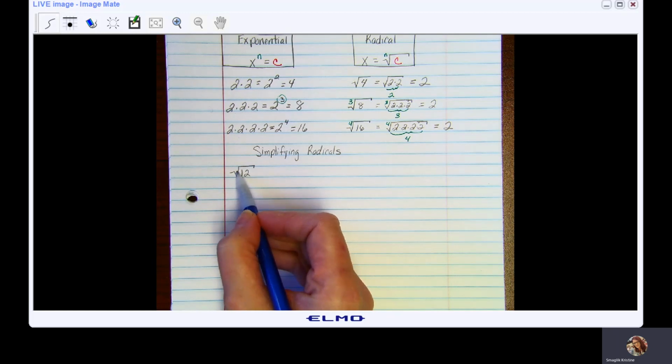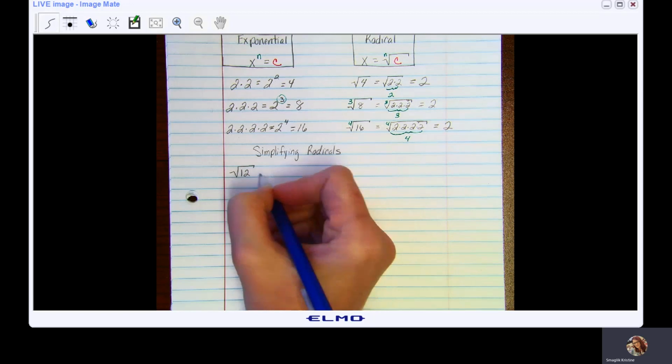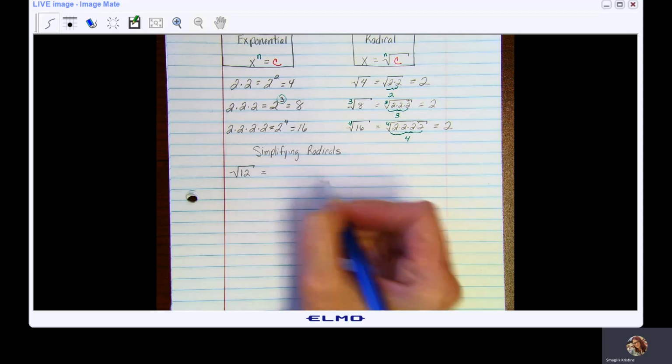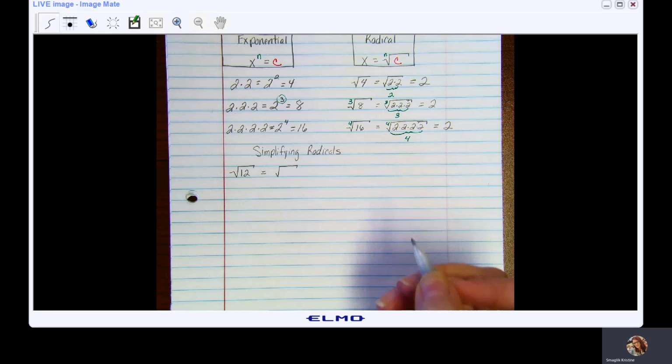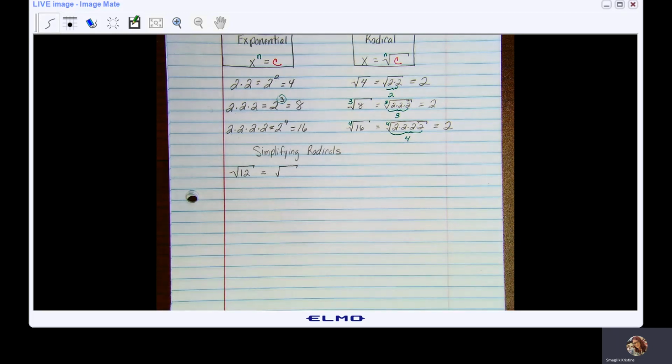A square root has a root of 2. And now let's just start factoring this. Some of us are going to think of it as factoring. There's multiple ways to do this. There's no one exact correct way to do it. You could break this down a few different ways. You're still going to get the same answer. It just might be a different tour.